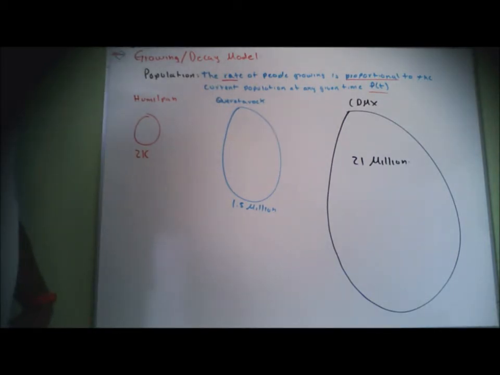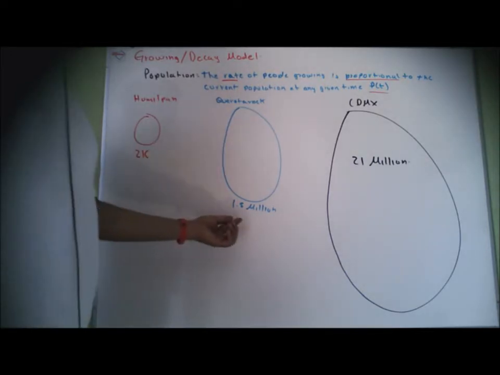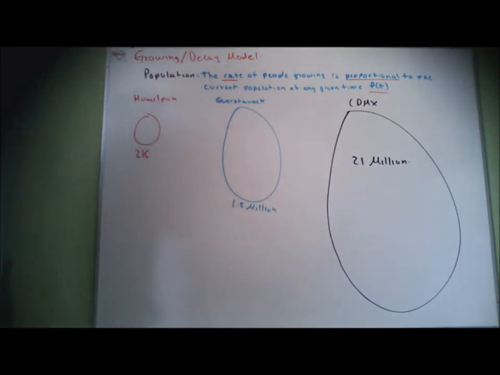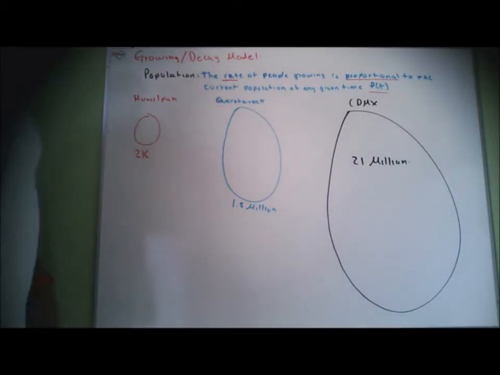So let's assume that in Huimilpan, close to Querétaro, there is a little village where 2,000 people live. Compared to Querétaro, which today has 1.5 million people, obviously Querétaro is much bigger than Huimilpan.